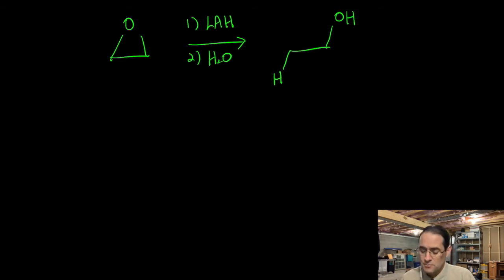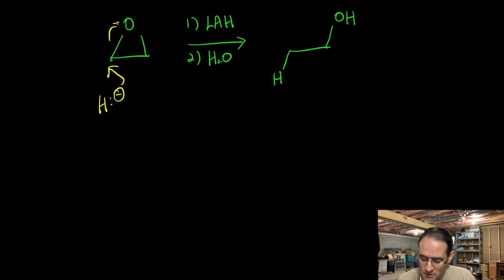How about lithium aluminum hydride? As I mentioned, sodium borohydride and lithium aluminum hydride are sources of hydride. Lithium aluminum hydride is the one that can be used for epoxides because it's a strong enough reducing agent.